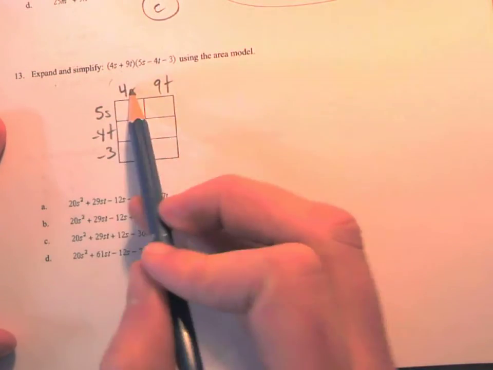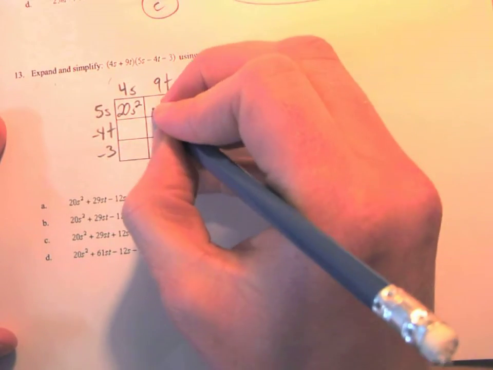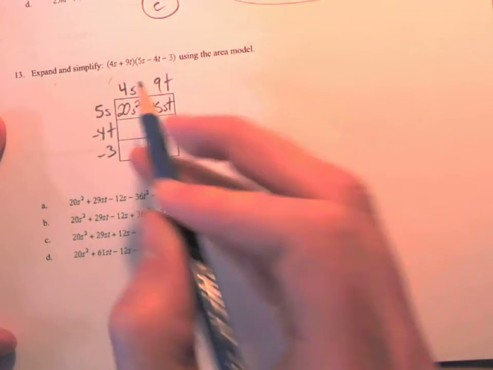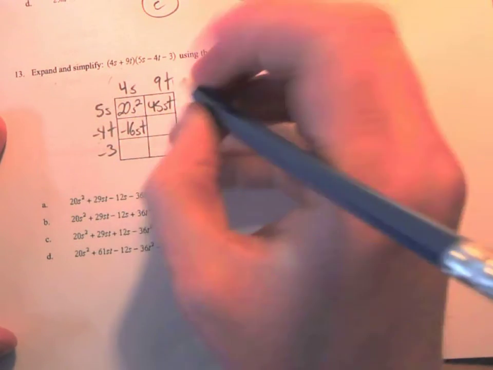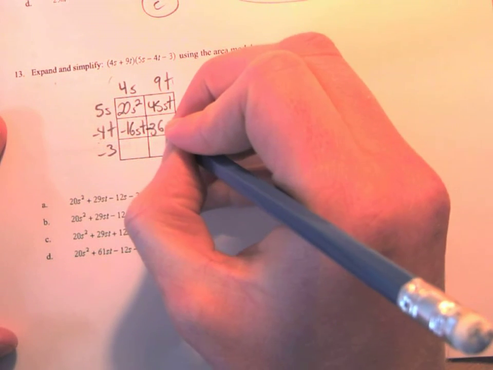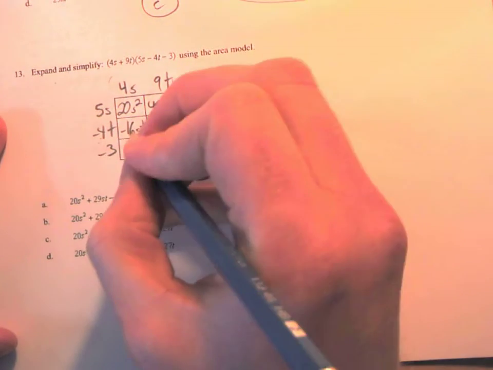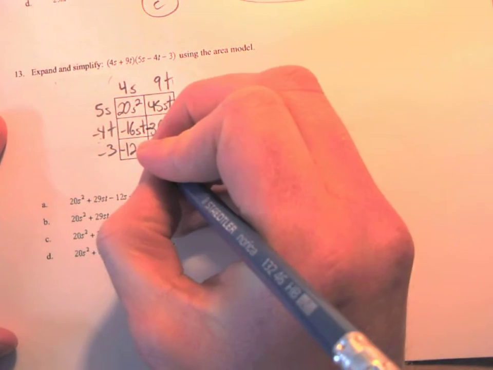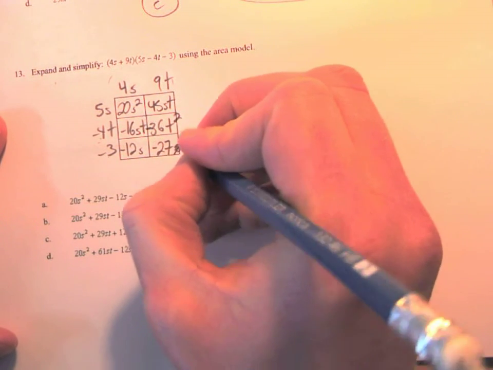So you go this times this, 20s squared, 5s times 9t is 45st, and then negative 4t times that, negative 16st, negative 4 times 9 is negative 36t squared, and then negative 3 times 4 is negative 12s, negative 3 times 9 is negative 27t.